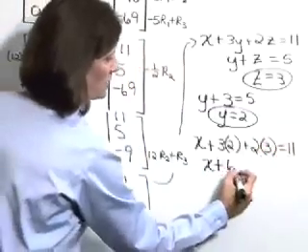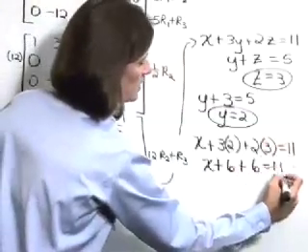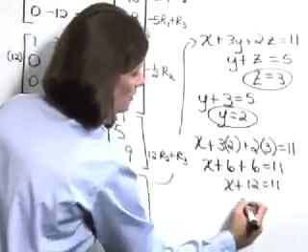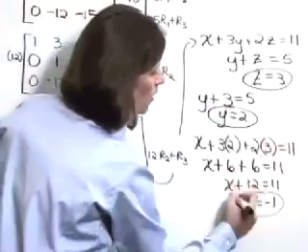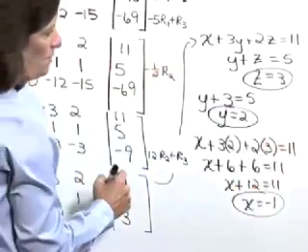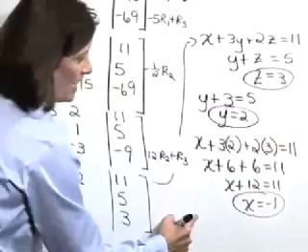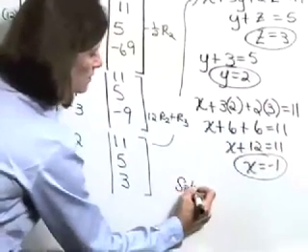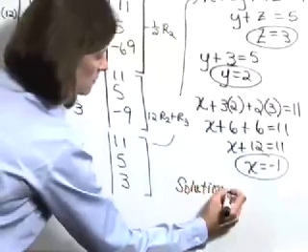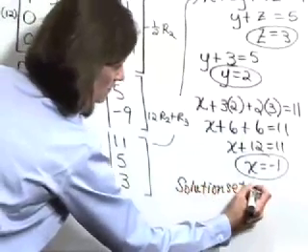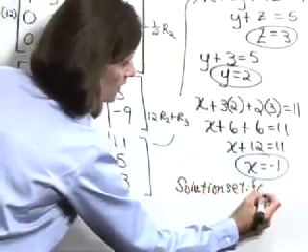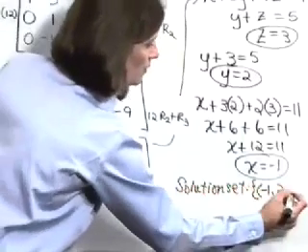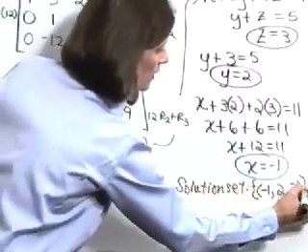That's x plus 6 plus 6 is 11, or x plus 12 is 11, so x is negative 1. Let's then describe that answer by saying the solution set is x equal negative 1, y is equal to 2, z is equal to 3.